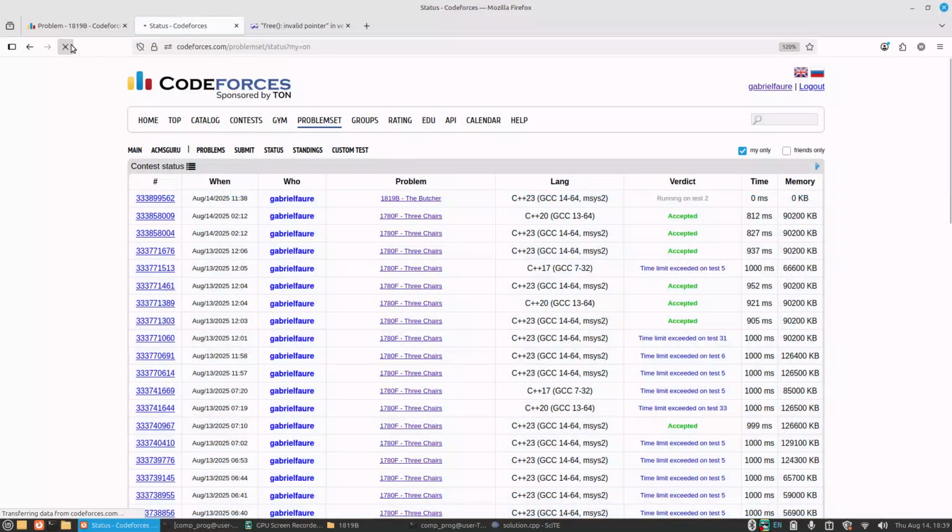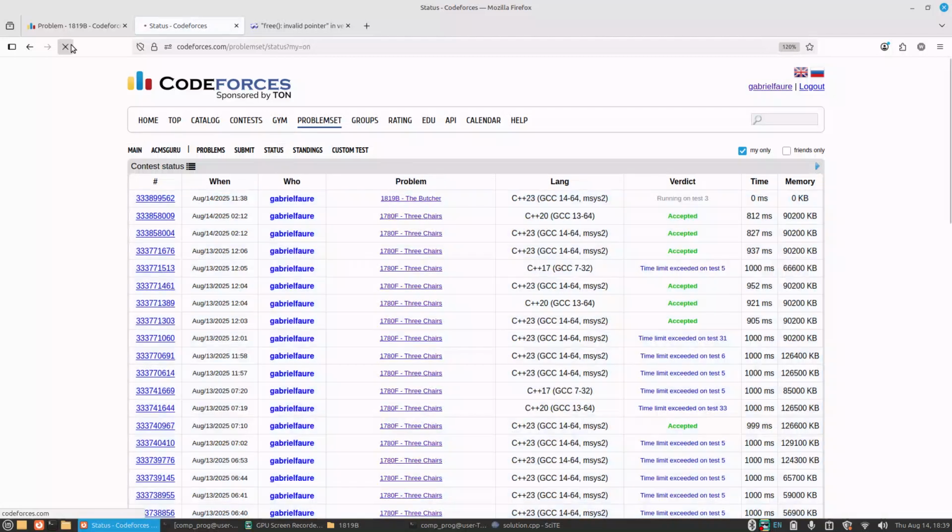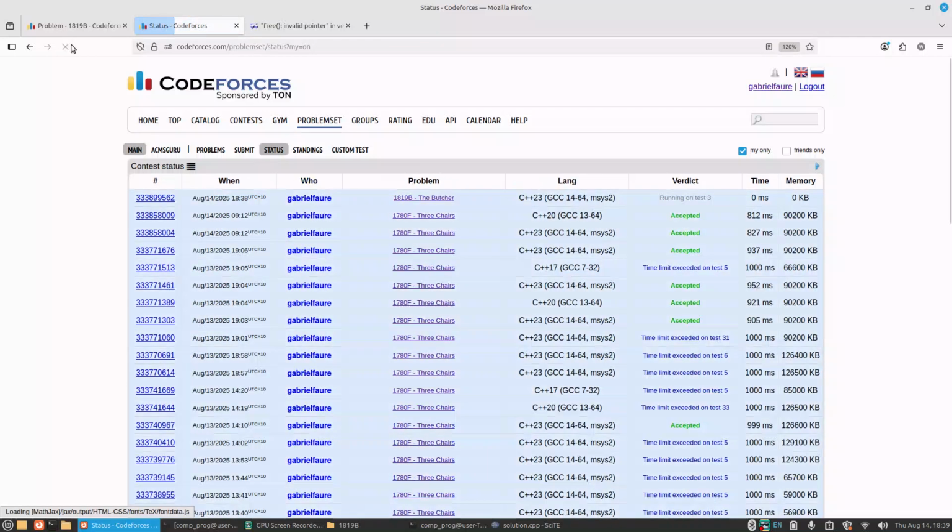Shouldn't be this slow, should it? Oh. Okay, yep. I really don't want to debug this question right now, so hopefully it just gets accepted, or if it time limits, then I can probably use some optimization somehow. But it just looks like the queue is long.